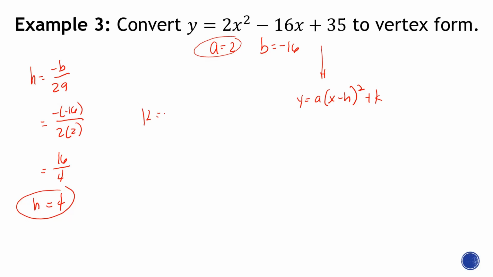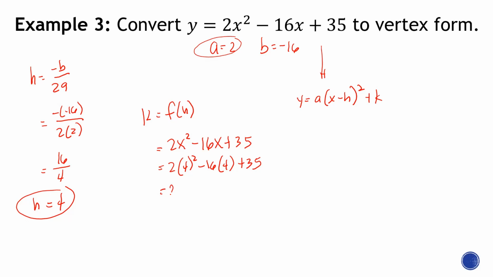So k is equal to f of h, which means we will replace all the x's here by h. So this is 2 times 4 squared minus 16 times 4 plus 35. So I'll write 2 here first, and then 4 squared, multiply that. That would be 16. Now the usual problem here with the students is they multiply 2 and 4 and then they square it.